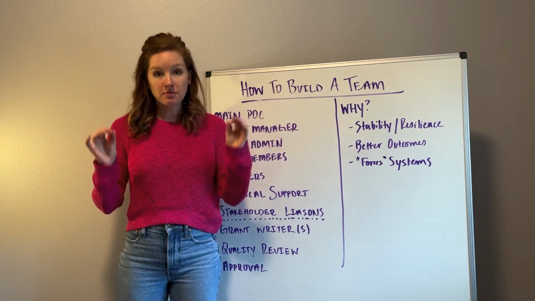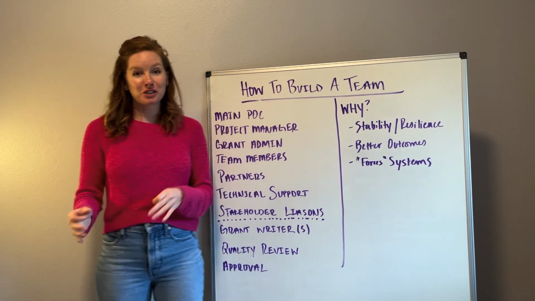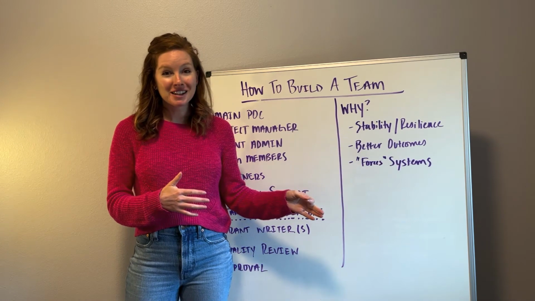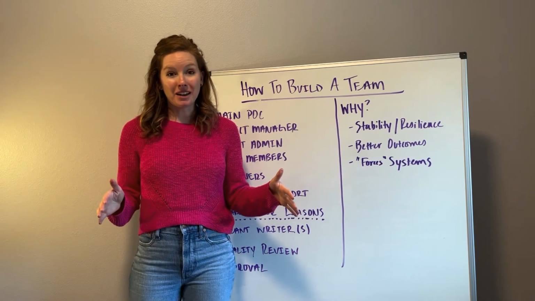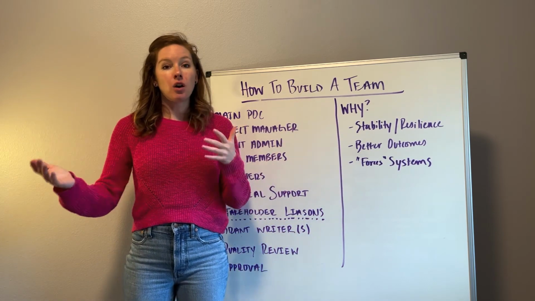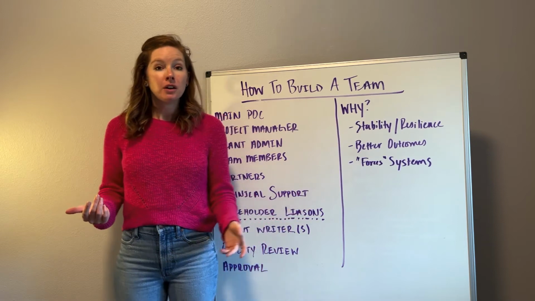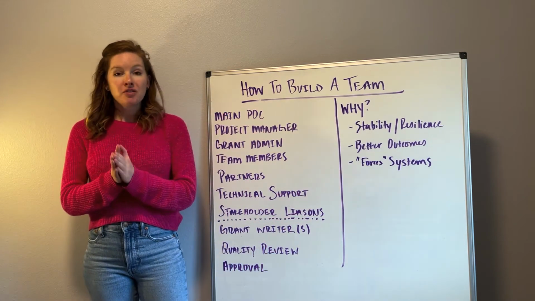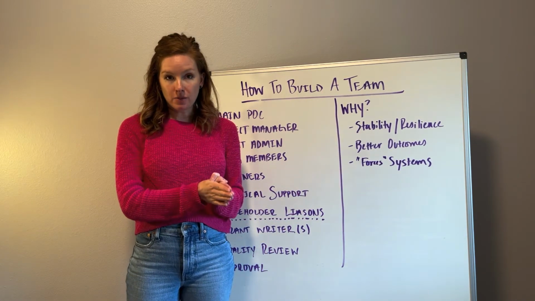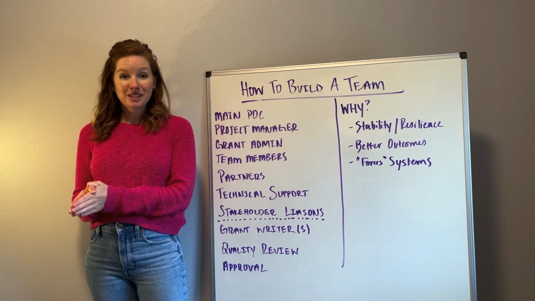That is a buckling amount of pressure to put on one person, especially because I found that often the projects really weren't as developed as they were promised, and you're doing a whole lot in the back end. And what could go wrong? Lots of things, namely a really stupid error that costs you the grant, maybe not being eligible, right?